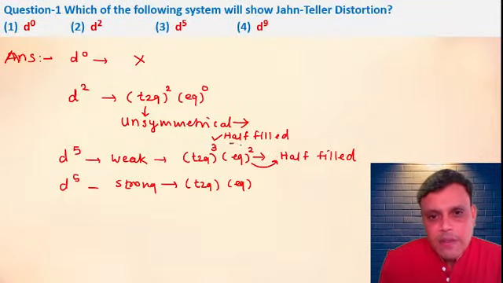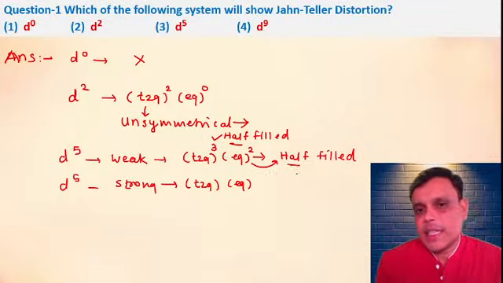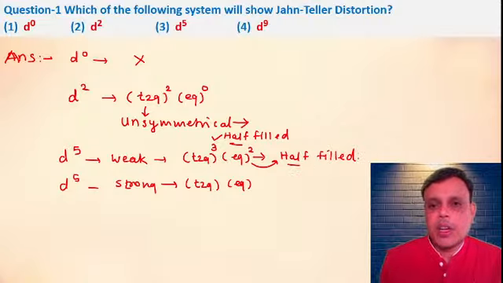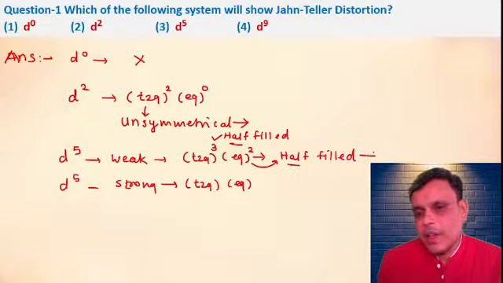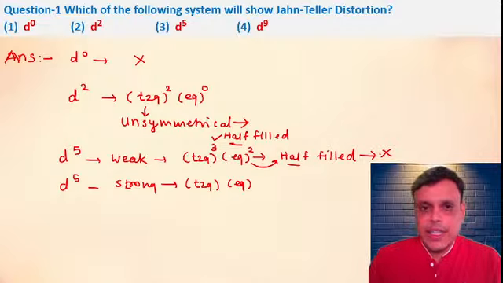When there is half filled electronic configuration, then that is called a symmetrical filling, and it will not show Jahn-Teller distortion. ठीक है, अगर सिमेट्रिकल फिलिंग है तो उस केस में Jahn-Teller distortion नहीं होता है. करेक्ट.